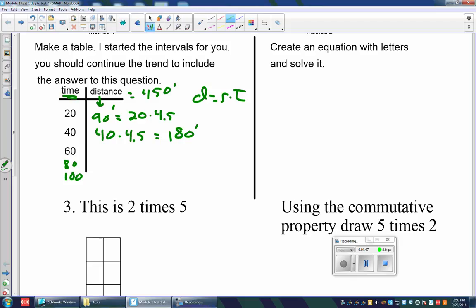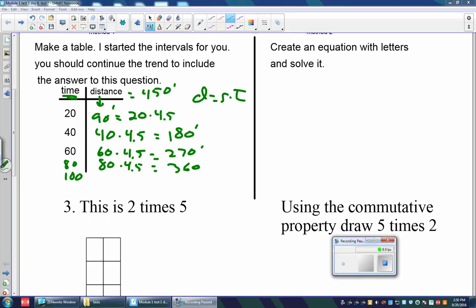And then at 60, it is 60 times 4.5, which is 270 feet. I didn't get up to 450 feet yet, so I do 80 times 4.5, and I get 360. And the last one is 100 times 4.5 equals 450.